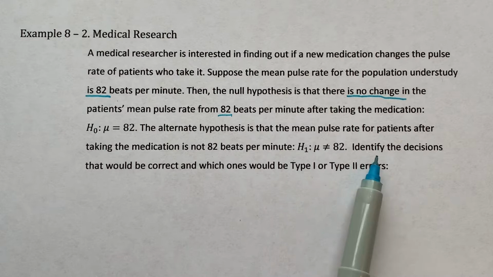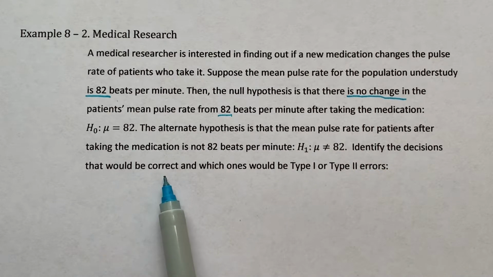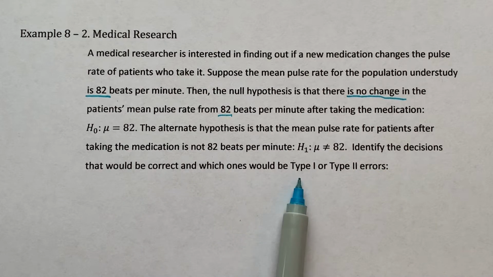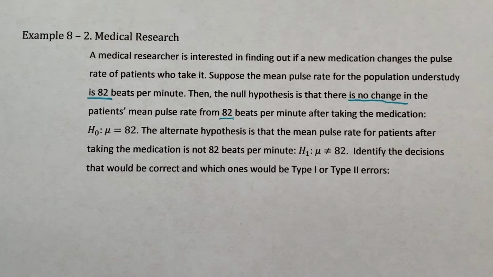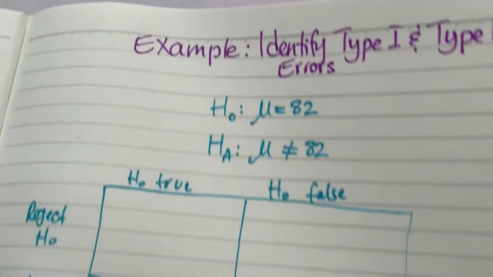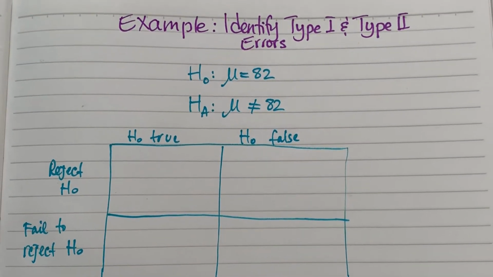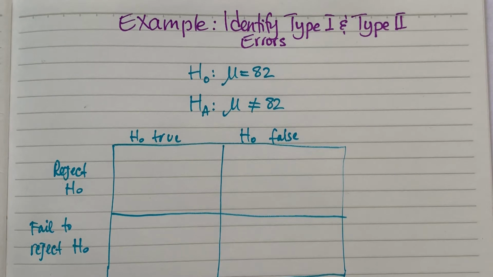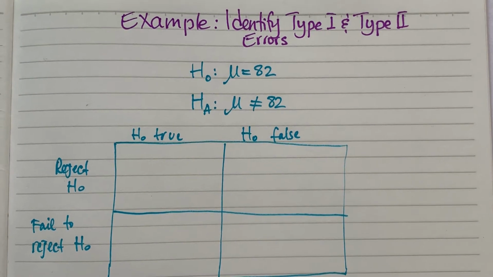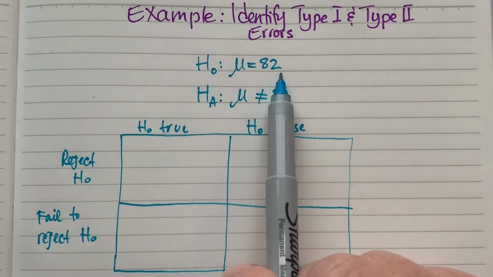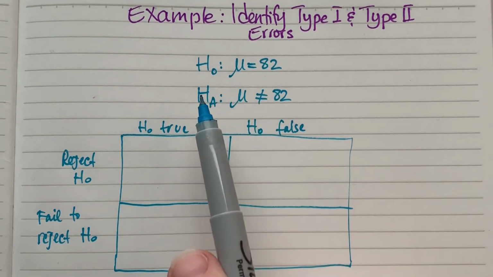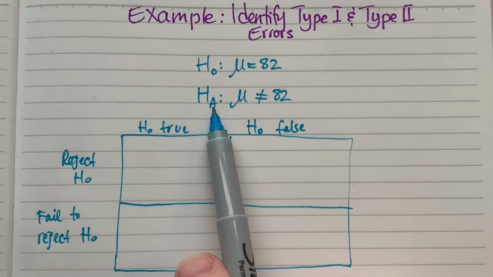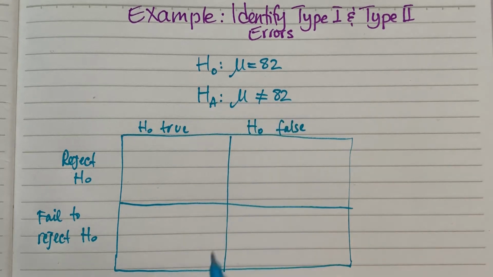And they ask us to identify the decisions that would be right, the correct decisions, and the ones that would be type 1 and type 2 errors. Okay, so let's begin by making a grid that helps us look at this idea. This is our null over here, that the mean is no different, and here is the alternate, that the mean is different.